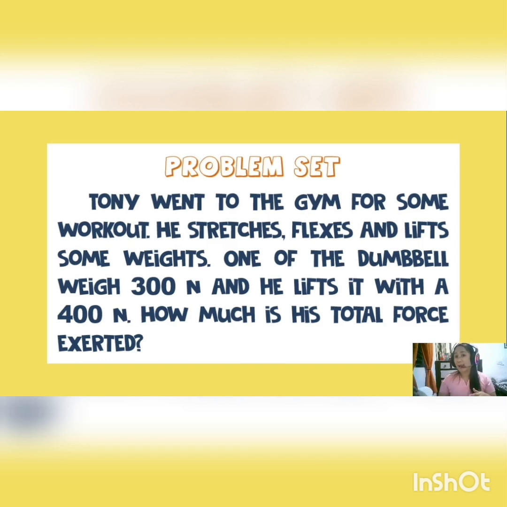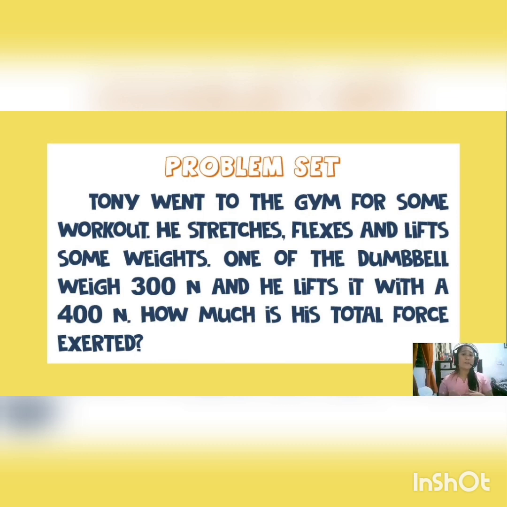So, since the two forces applied are all in the same direction, all you need to do is what? Add or subtract? Correct. You should add the forces being applied. So, we have 300 Newtons plus 400 Newtons is equivalent to 700 Newtons. That is the total net force. Okay?